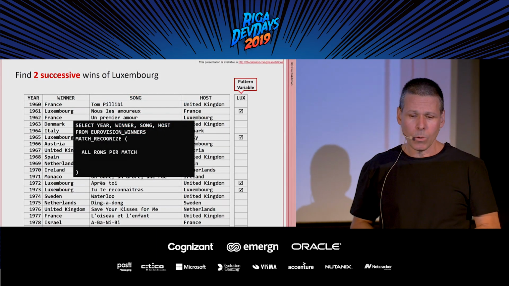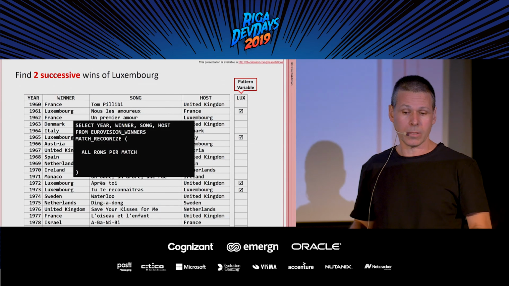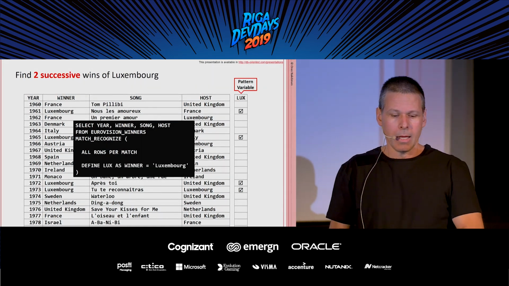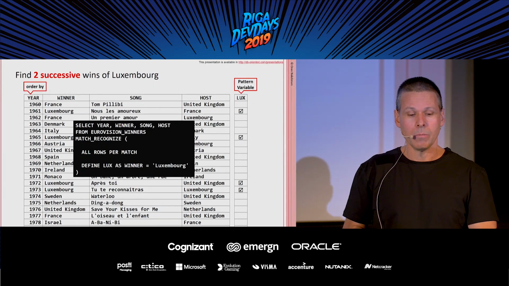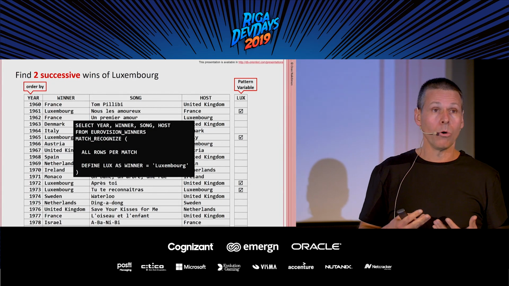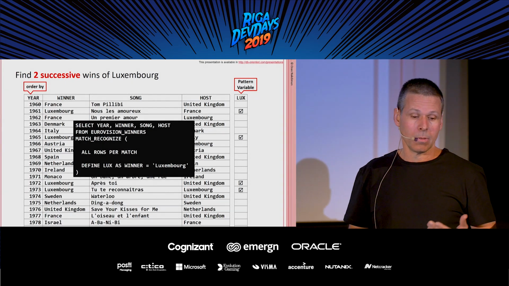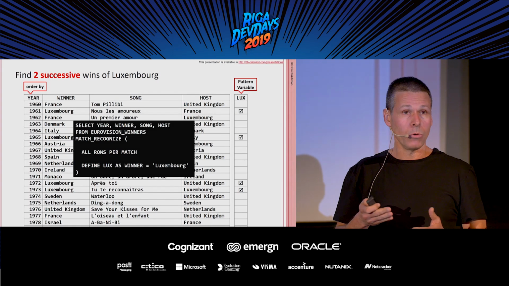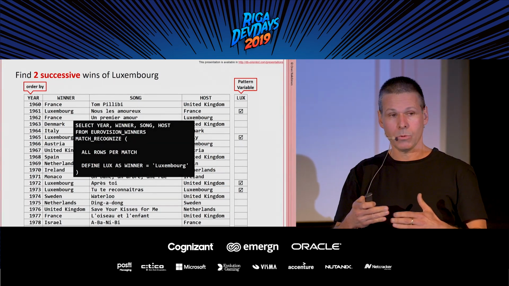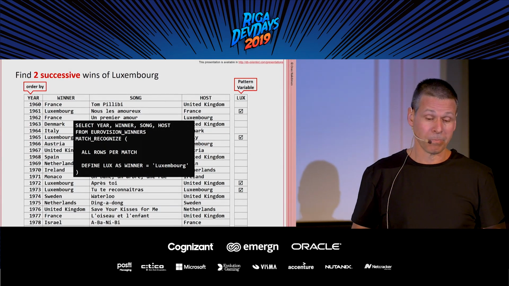So, we use the same pattern variable, Lux, because we are looking for wins of Luxembourg. And here, because we are looking for successive records, we need to define the order. In this case, we are looking for successive records with respect to the year column, right?